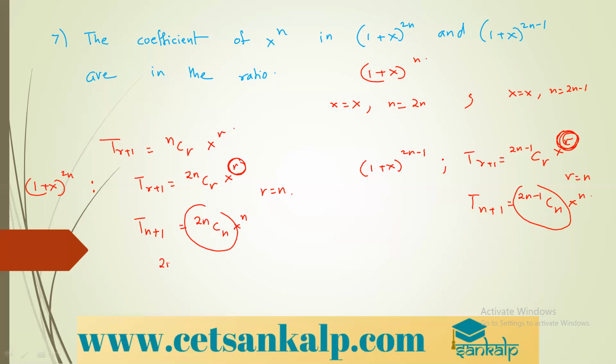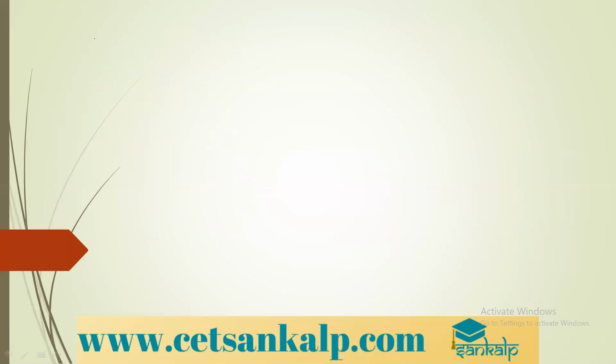That means I have to take 2nCn by (2n-1)Cn. Now this I have to expand, that I will do in the next page. So 2nCn by (2n-1)Cn.